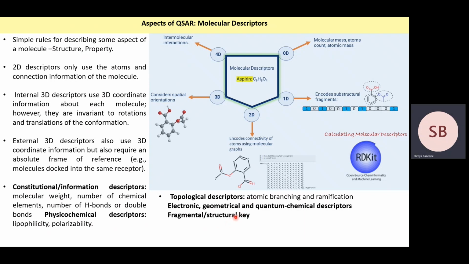That is, if there is some aspect of the structure, which is basically like the 1D descriptors, it defines substructural fragments, like the carboxylic group or an ester group or the benzene ring. So that is another way of describing the molecule, which is by its different active fragments.